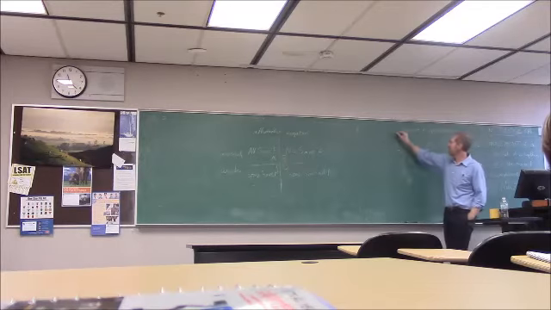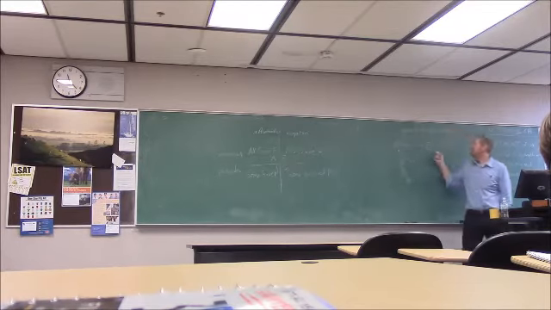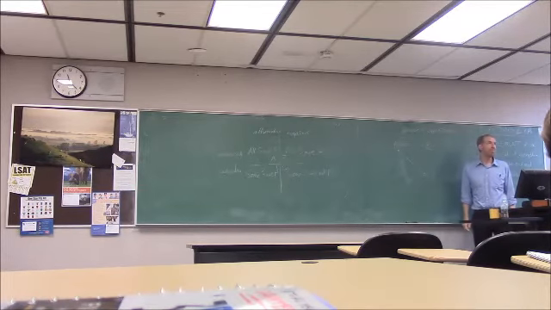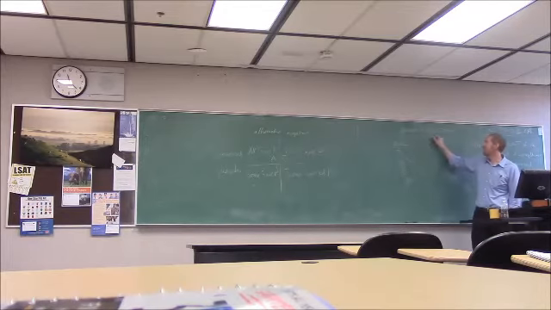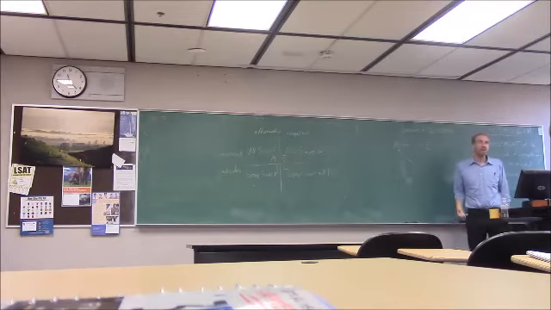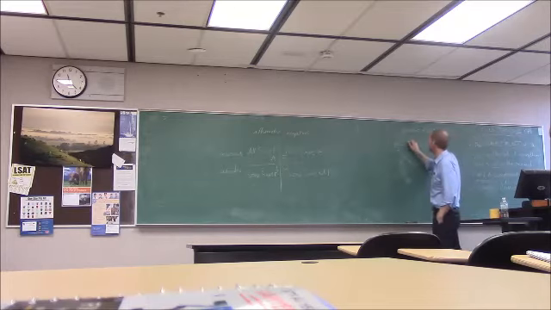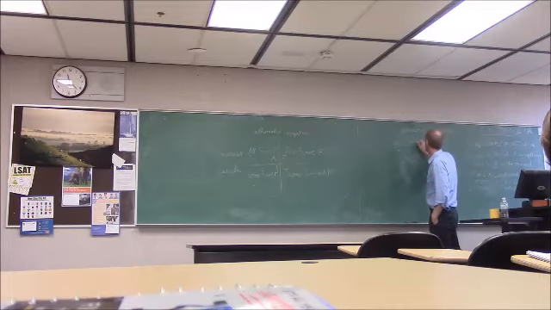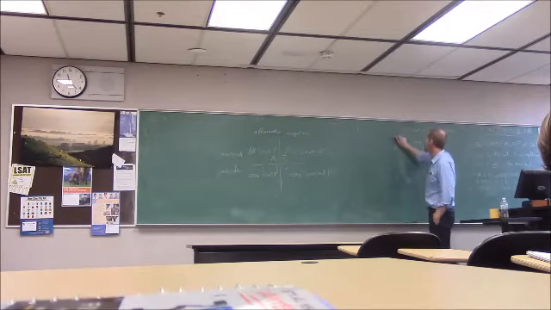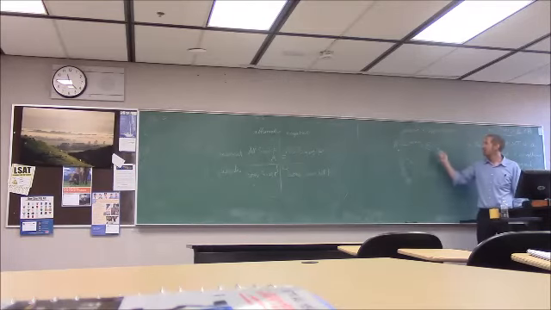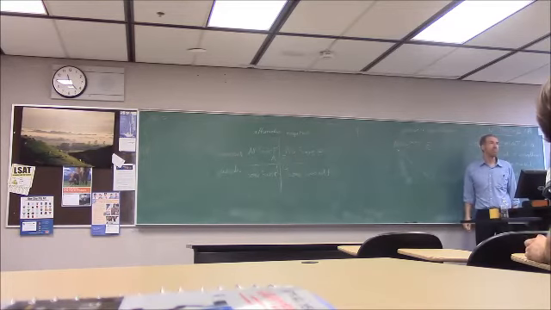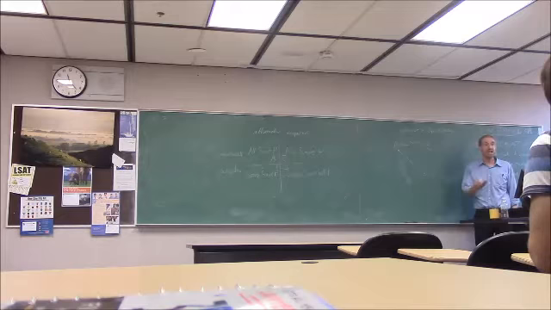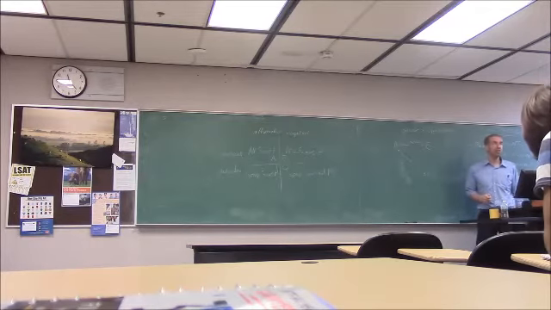So, if I know this is true, what do I know about this one? False. It must be false. Why? Because they can't both be true. Right, that's contrary. But if I know this is false, what do I know about this one? In fact, I don't know anything about this one because it could be true or false.